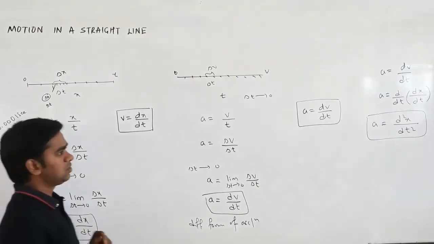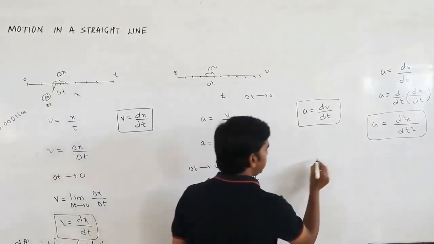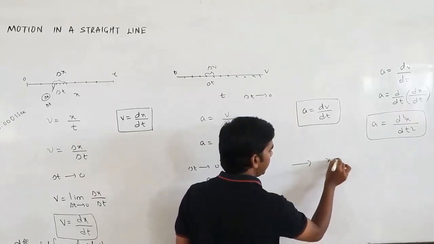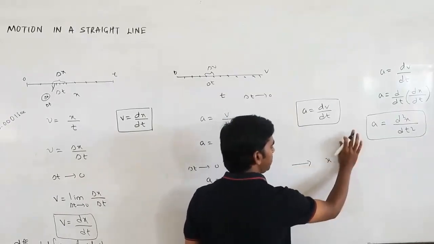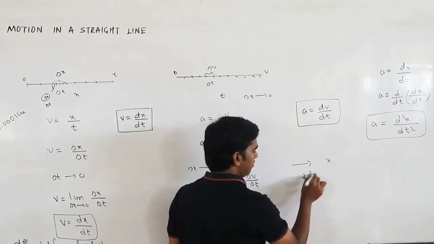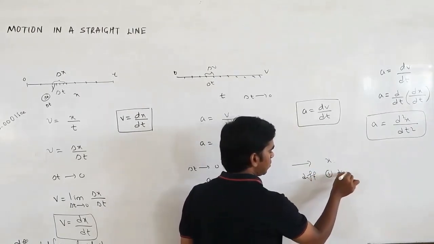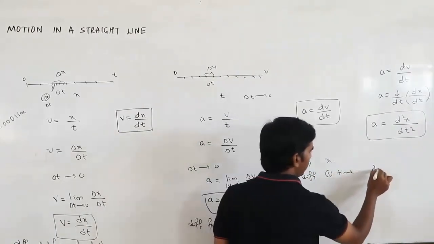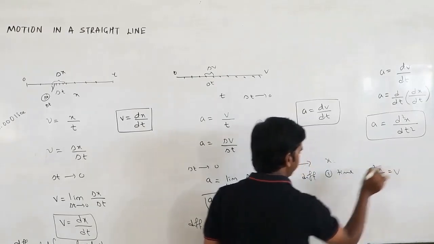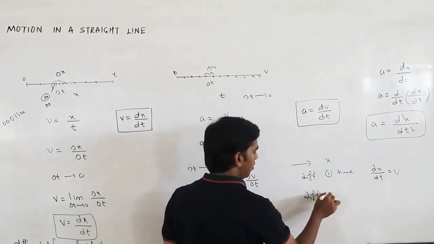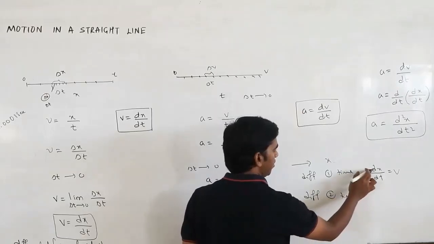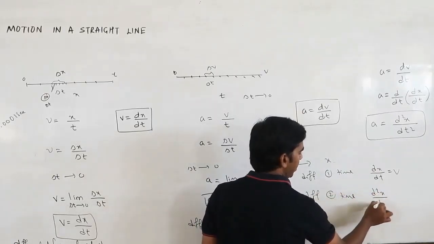What you understood here is, if you differentiate x one time, you will get velocity, dx by dt. If you differentiate it one more time, meaning two times, you will get d square x by dt square.